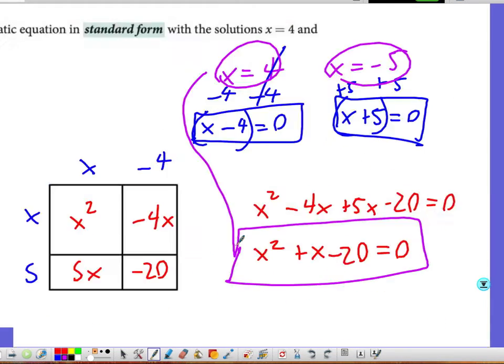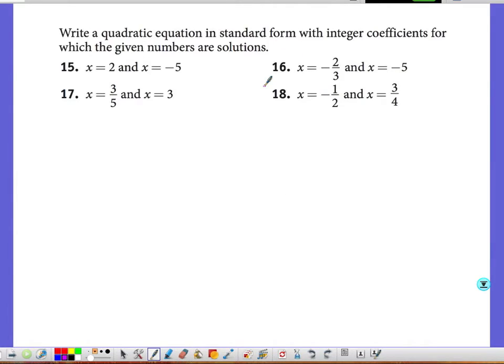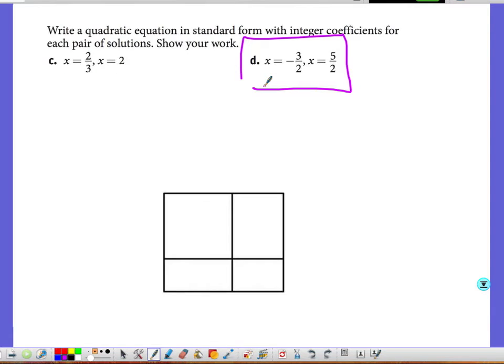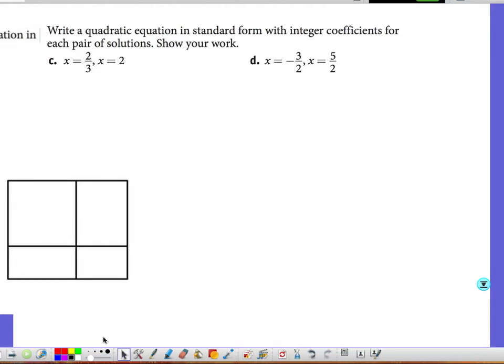I believe there was another example. Let's do this example, D. Okay, so again, it gives us the two solutions already, and what we want to do is take each solution and make them equal to 0.